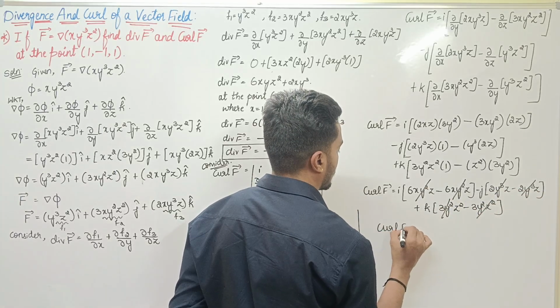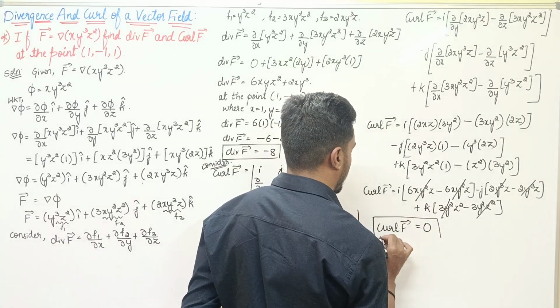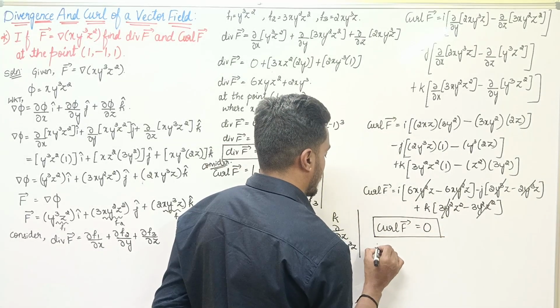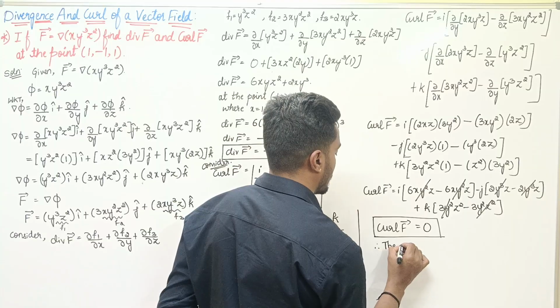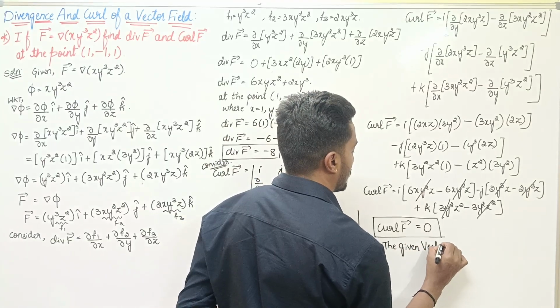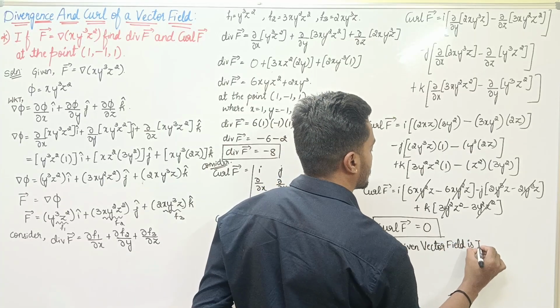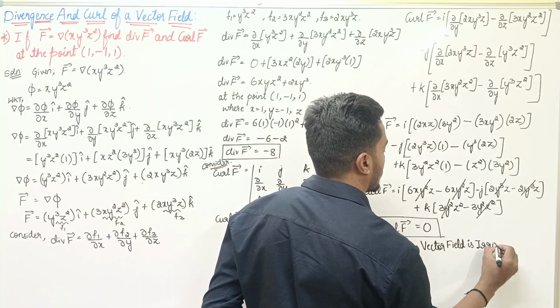Curl of vector f is equal to 0. If curl of vector f is equal to 0, we call the given vector field irrotational.